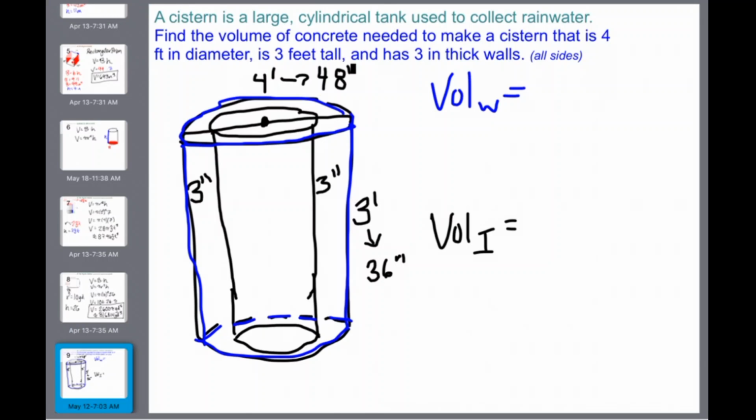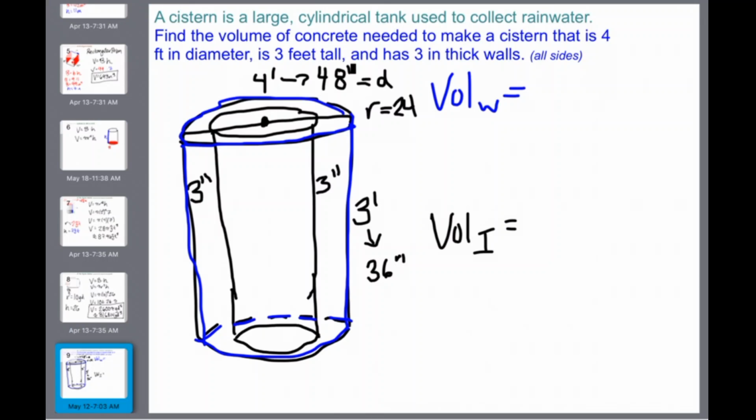All right. So we have that the diameter is 48 inches. Again, this is the diameter that we're told. So that means that the radius of the whole thing is going to be 24, because it's half of that length.